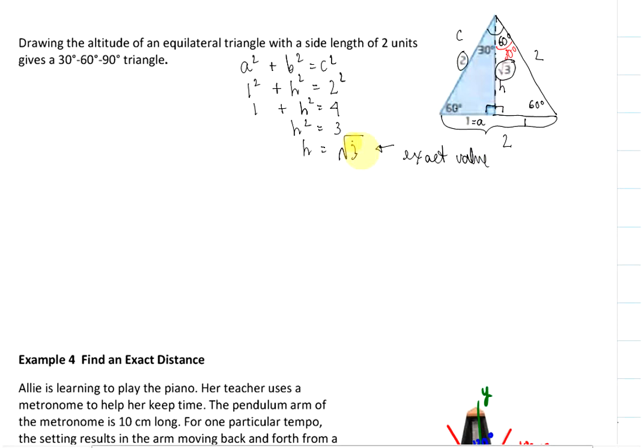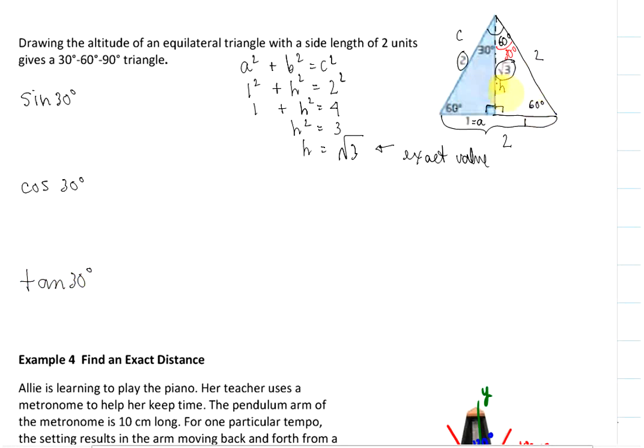Okay, so what we want to do with this triangle is find out what our trig ratios are for 30 degrees and for 60 degrees. So let's start with 30 degrees. Sine of 30 degrees, and then we want cos of 30 degrees and tan of 30 degrees.